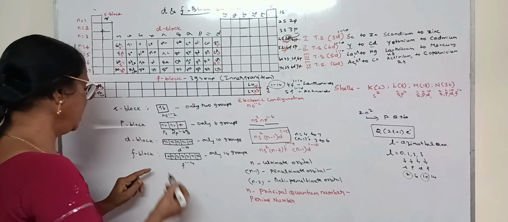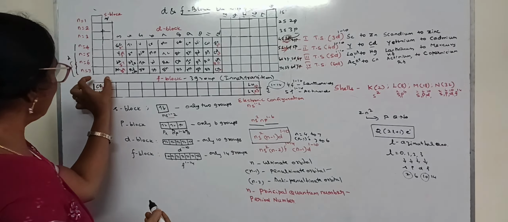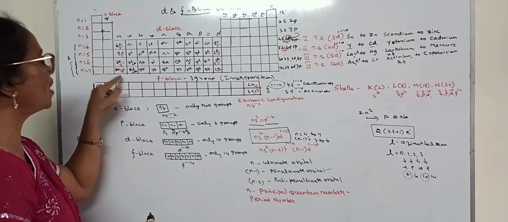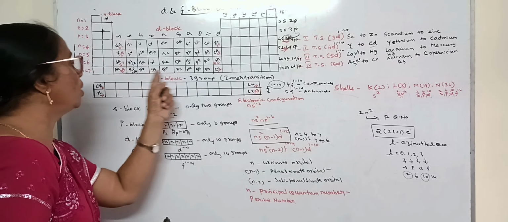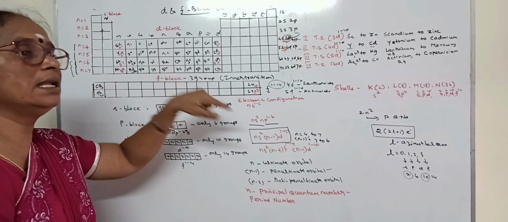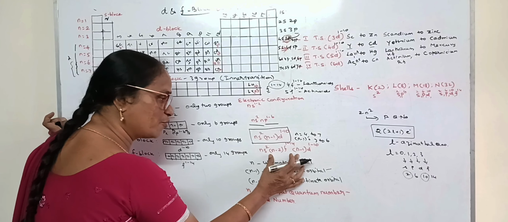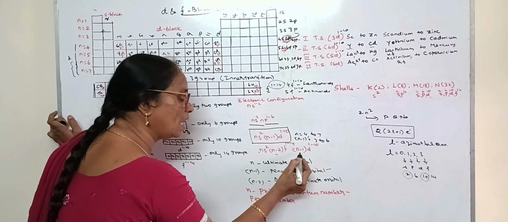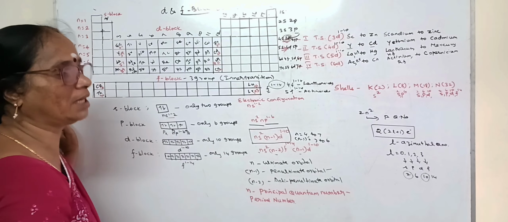As well as in the F block, we have the ns orbital fully filled and then the n minus 2 f orbital being filled, following that the n minus 1 d orbital. So the F block has the ultimate orbital, penultimate orbital as well as the anti-penultimate orbital.